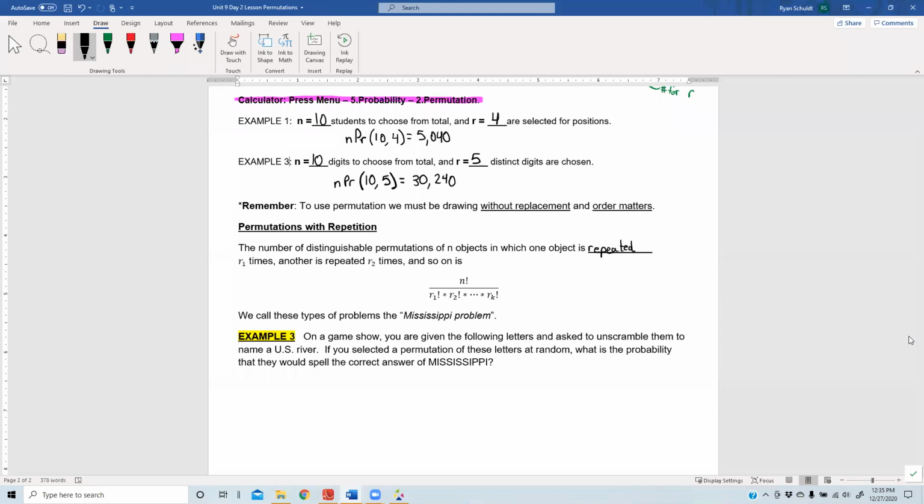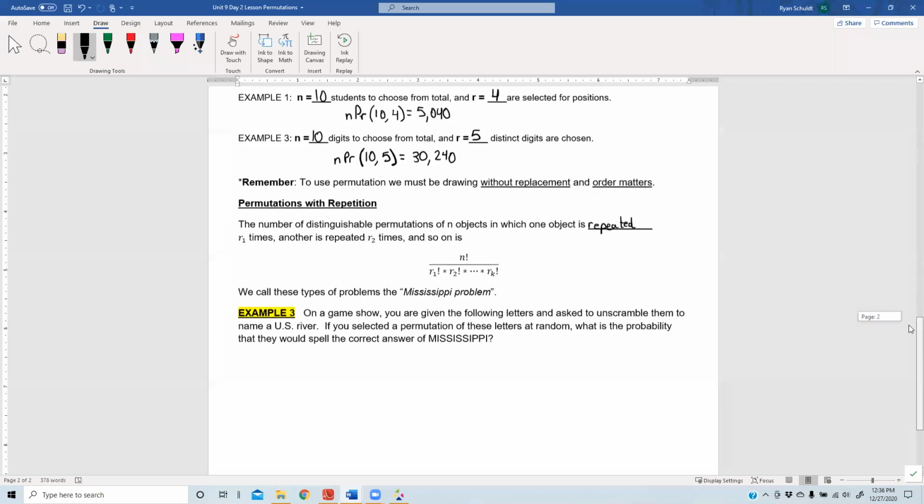So let's say you're on a game show and they give you the following letters and ask you to unscramble them to name a U.S. river. And you don't know about the Mississippi River for whatever reason. It's the only one with 4 S's, 4 I's, and 2 P's, but you don't know that. Maybe you fell asleep in geography or history when they talked about Mississippi.